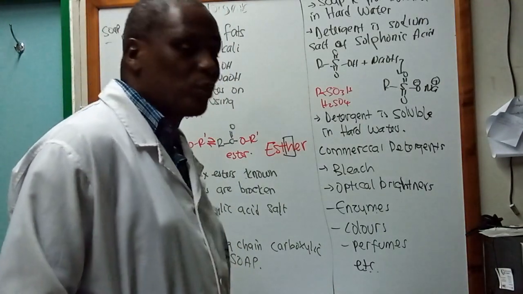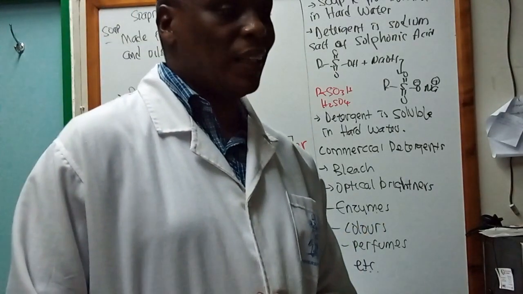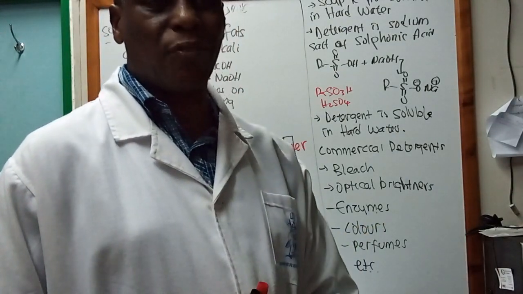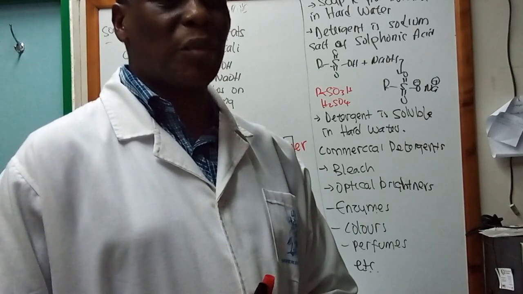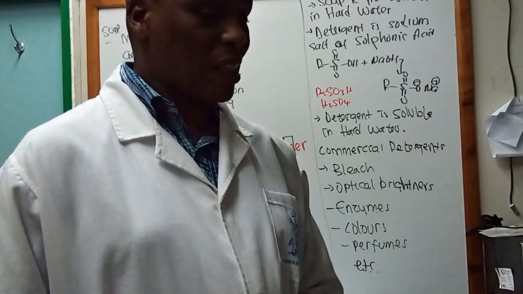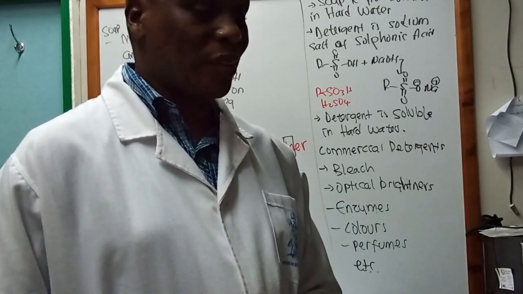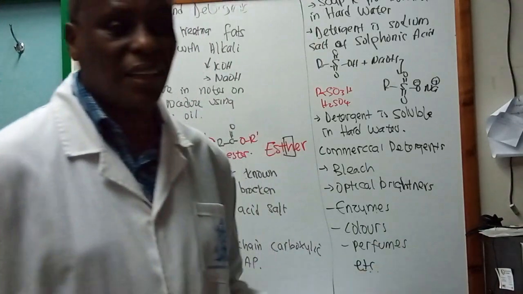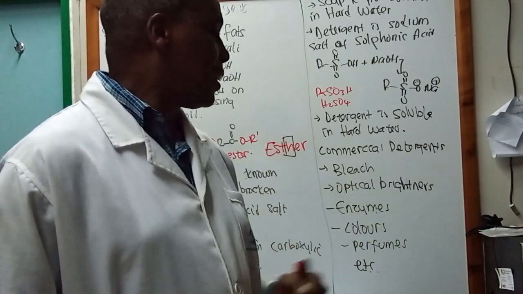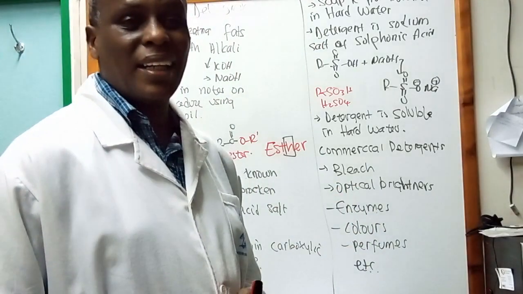You'll be able to look at the notes, and also at information that you can get from the internet regarding some of the ways in which you can make soaps and detergents in a commercial manner.